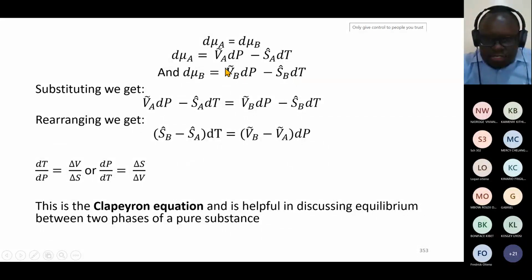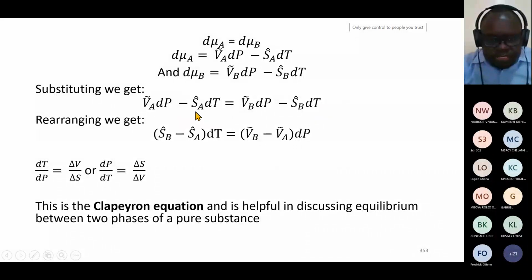If we equate the right-hand sides of these two, because the left-hand sides are equal, we get VA dP minus SA dT equals VB dP minus SB dT.